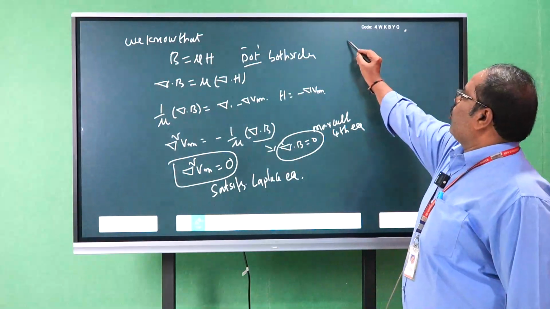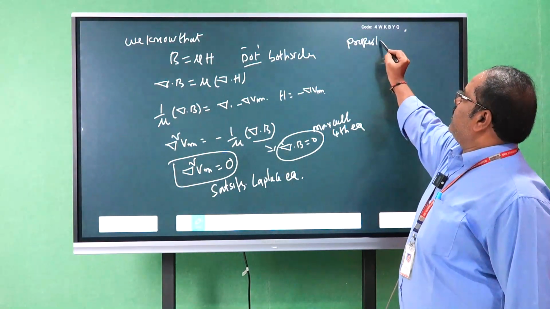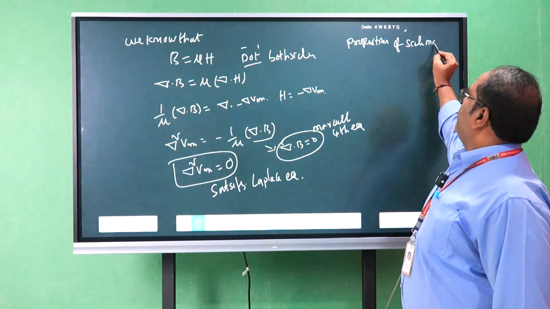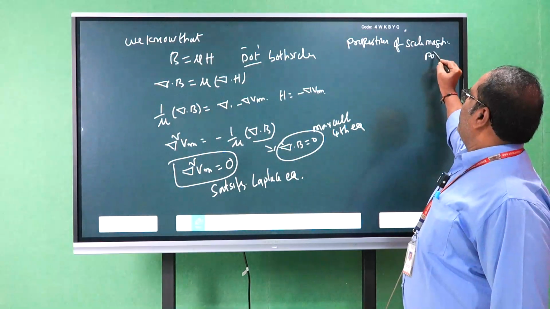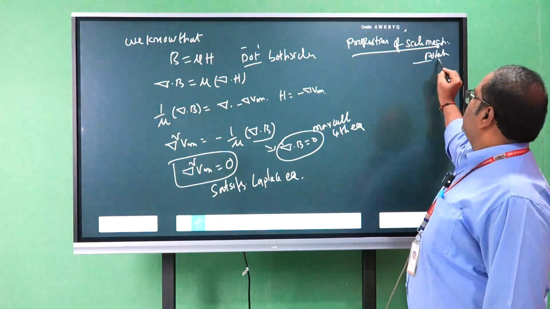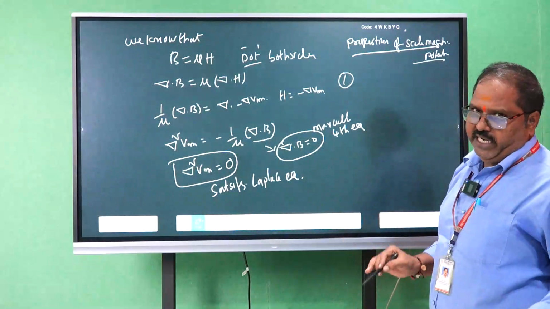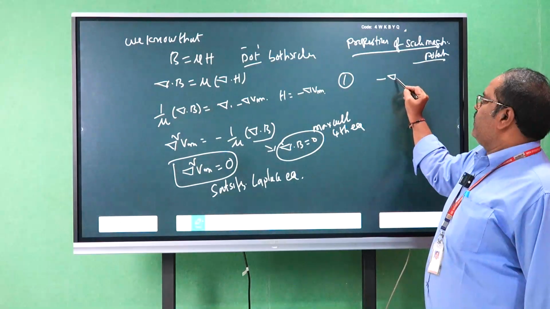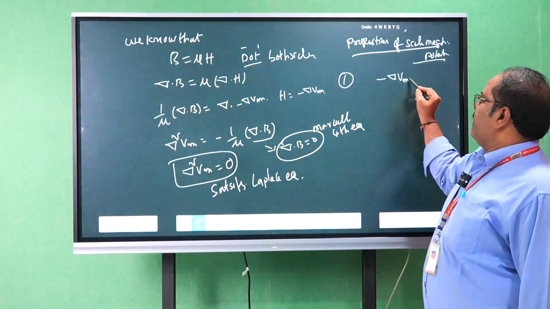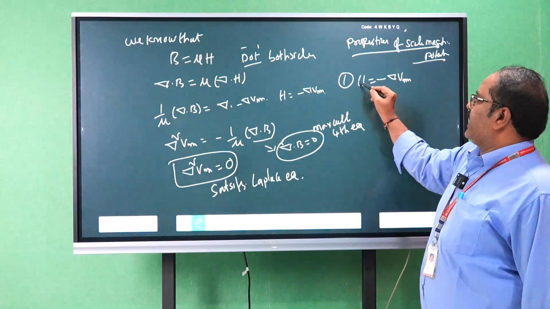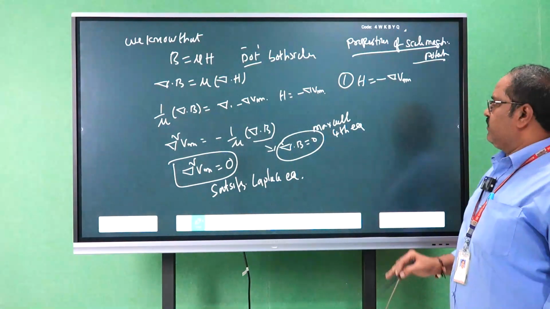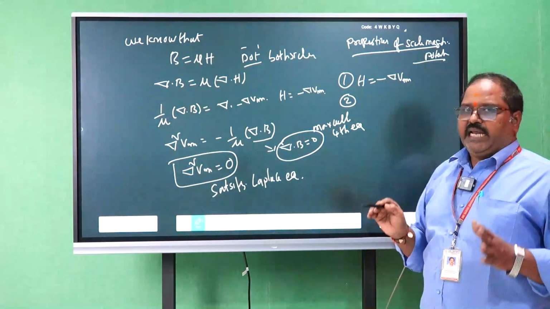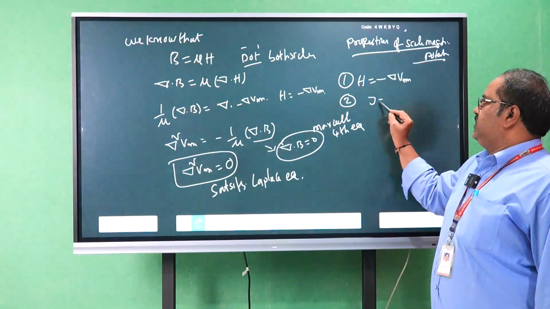So what are the important properties of scalar magnetic potential? The first property: the negative gradient of scalar magnetic potential gives the magnetic field intensity H. Second, the scalar magnetic potential exists where the current density J is equal to 0.